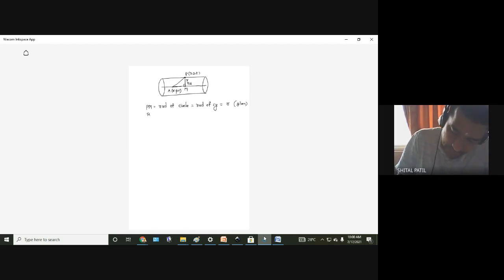Then by distance formula, distance AP is known to us, root of (x minus alpha) square plus (y minus beta) square plus (z minus gamma) square. Okay, then we know DRs of axis.